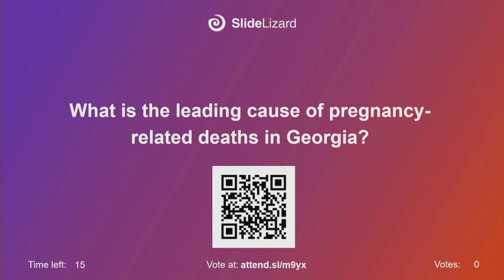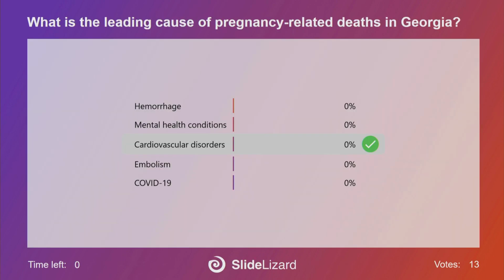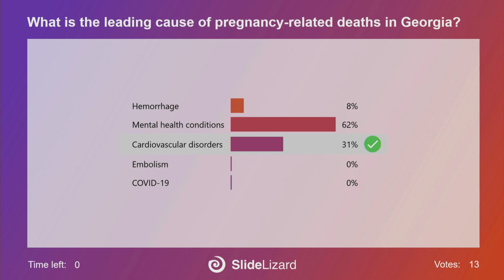And then one other question, what is the leading cause of pregnancy-related death in Georgia? So it's cardiac conditions.